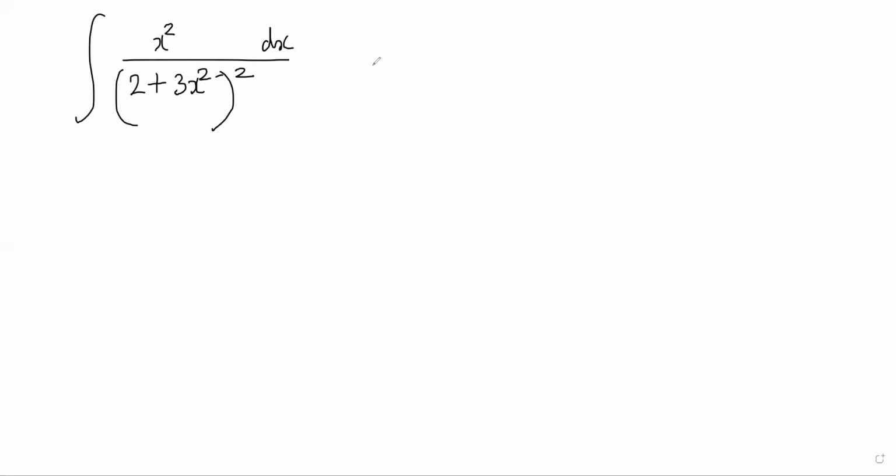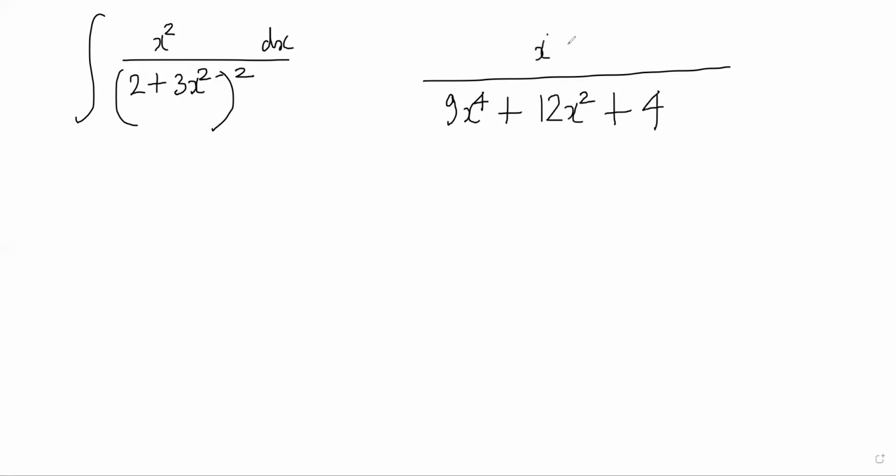Okay. Fine. So first, maybe expand the denominator. It is 9x power 4 plus 2 into 2, 4 into 3, 12x squared plus 4. And on top you have x squared dx, right?